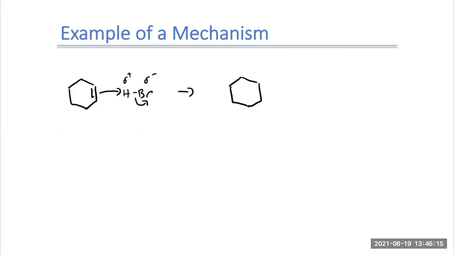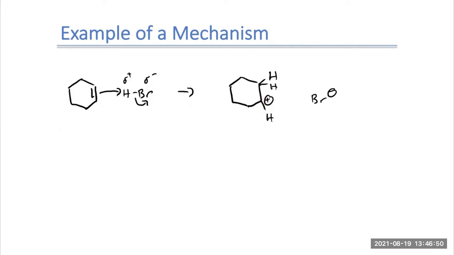This then creates our carbocation and our bromide ion. So here we have our carbocation. This carbon down here went from having 2, 4, 6, hydrogen makes 8, to now only having 6, 2, 4, 6 electrons. So we went from an octet to now we have an unfilled octet.